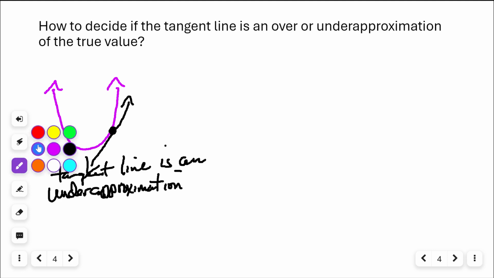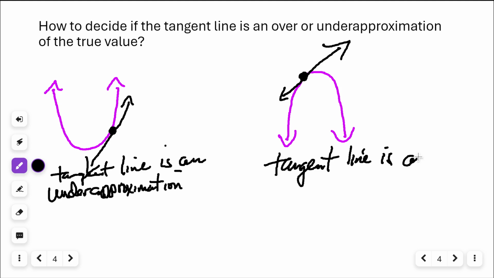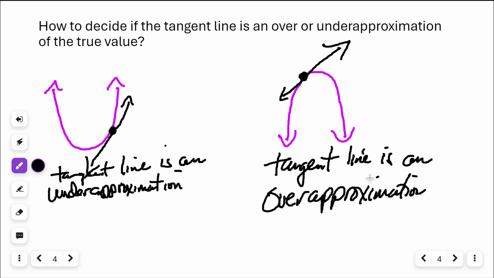But what if I drew the graph like this? Now, if I want to draw a tangent line, pick a point, draw the line. This tangent line is an over approximation to the true value of the curve, right?